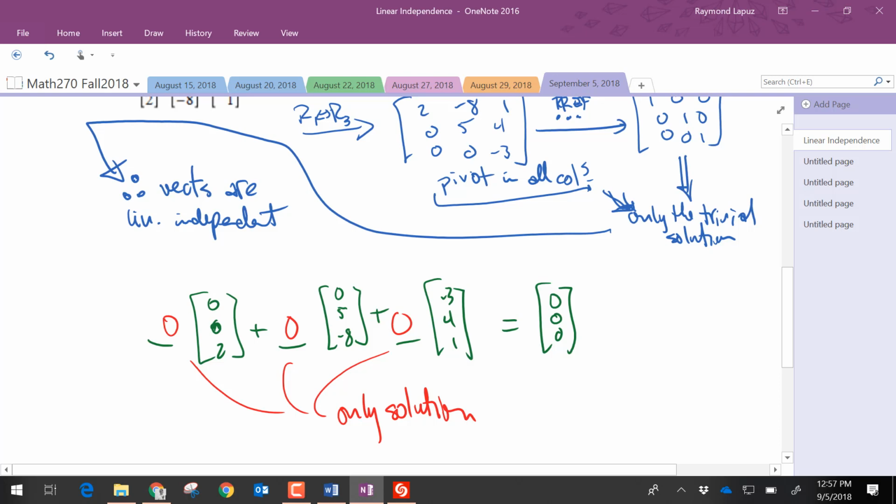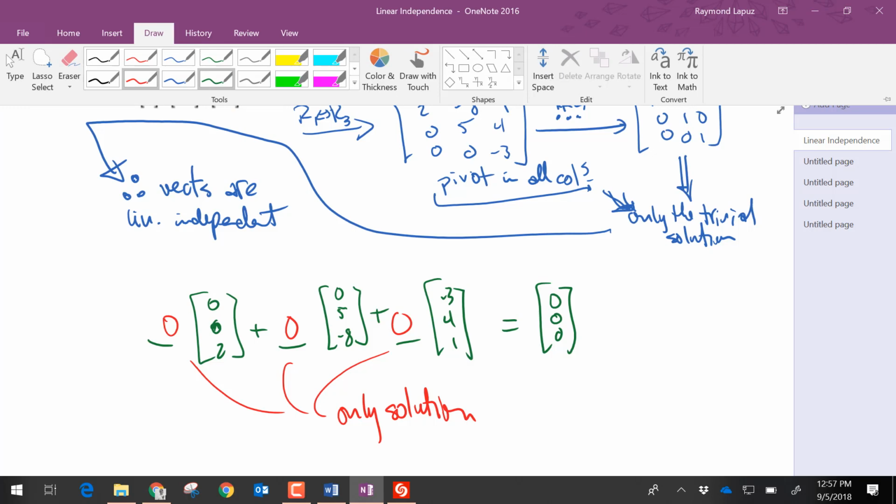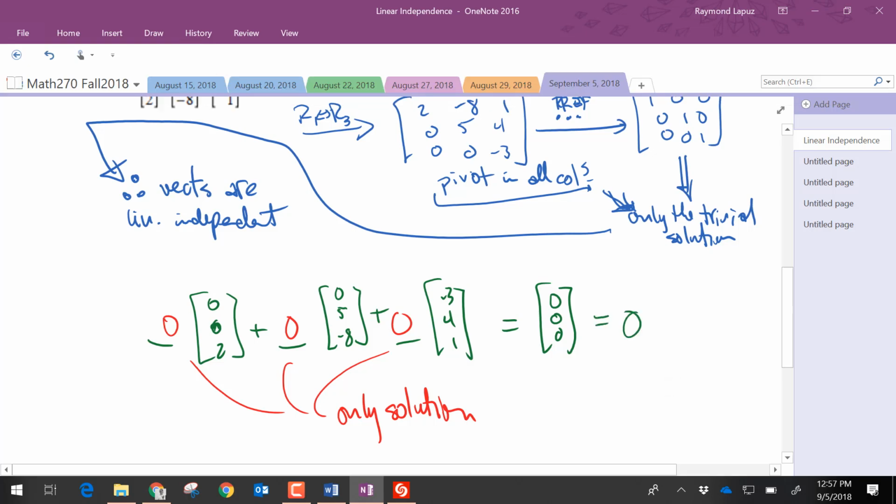Yeah, when they say 0 vector, that's the zero vector, yeah. We would have a free variable when we get to this point here. That could be anything. And we could take a look at an example of that.